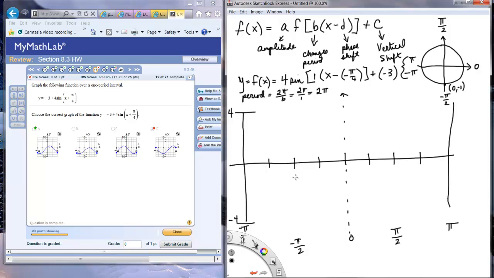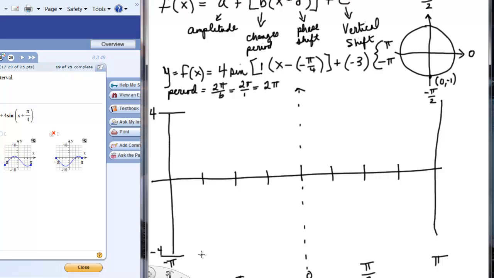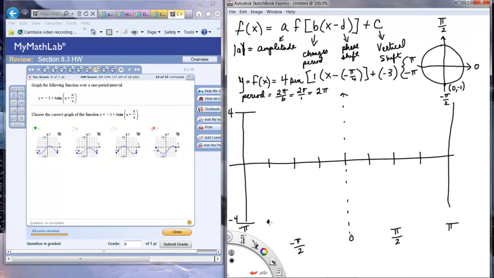But we have to shift it to the left by pi over 4. And then we have to apply this amplitude, which is 4. Negative 1 times 4 would be negative 4. Just don't forget the amplitude, the absolute value of A. Okay, so there's one point.